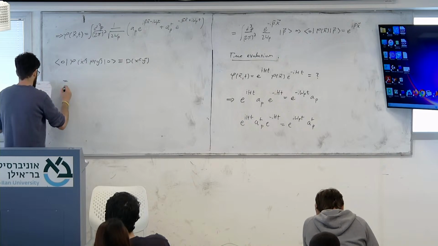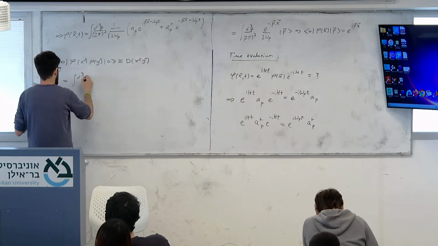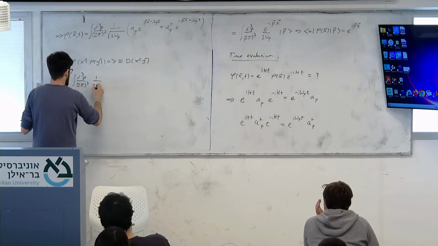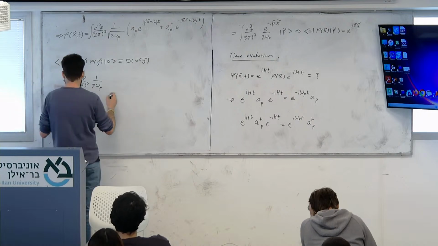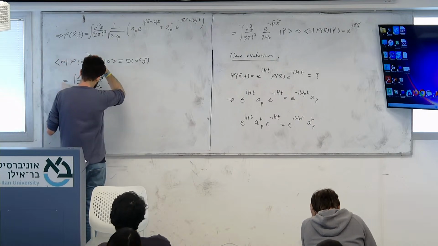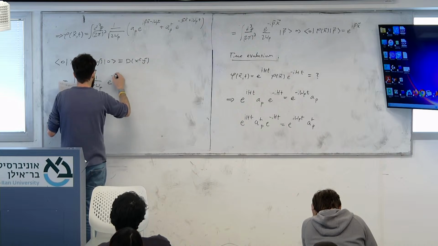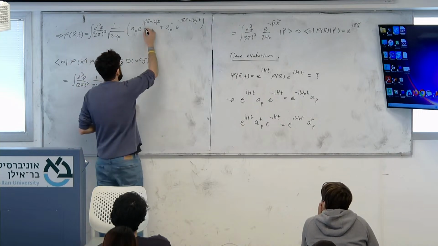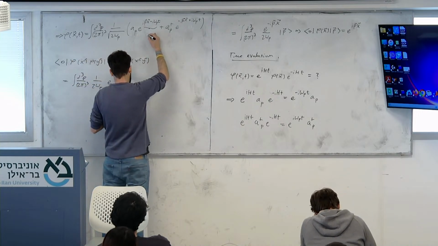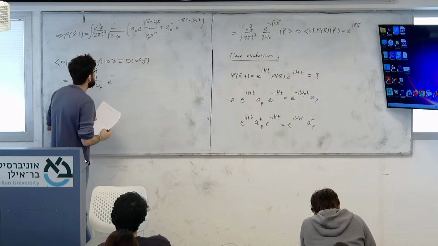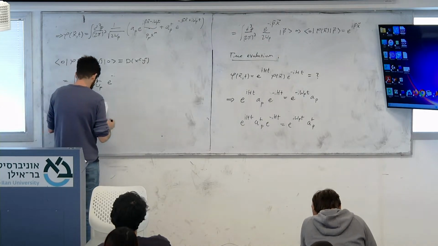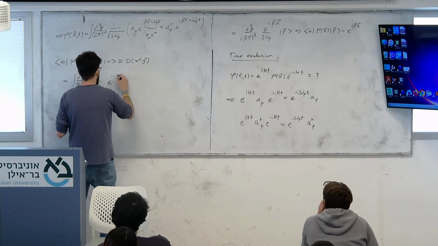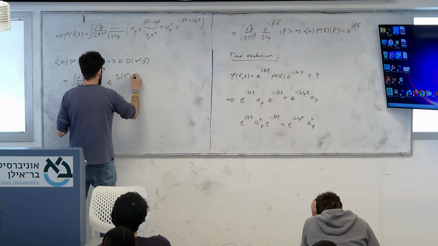And this is equal to the integral d3p divided by (2 pi) cubed, 1 over 2 omega p, e to the minus i p mu x mu.